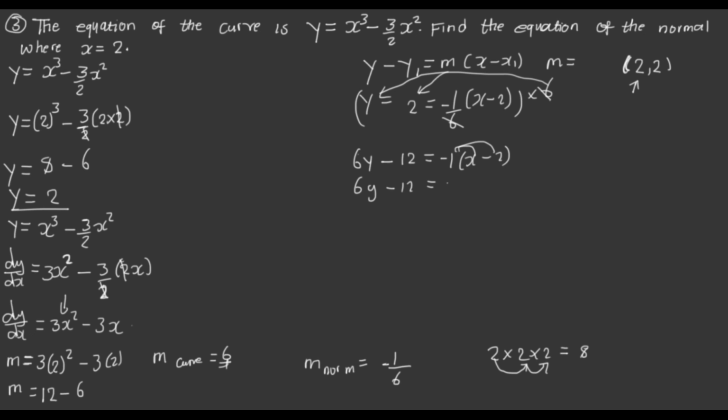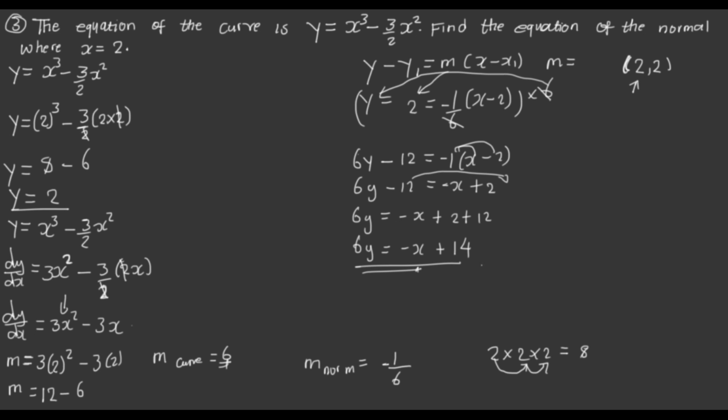So negative 1 times x, negative x, plus 2. So 6y. Now this negative 12 will shift to the other side. We are going to get negative x plus 2 plus 12. So 6y is equal to negative x plus 2 plus 12, which is 14.